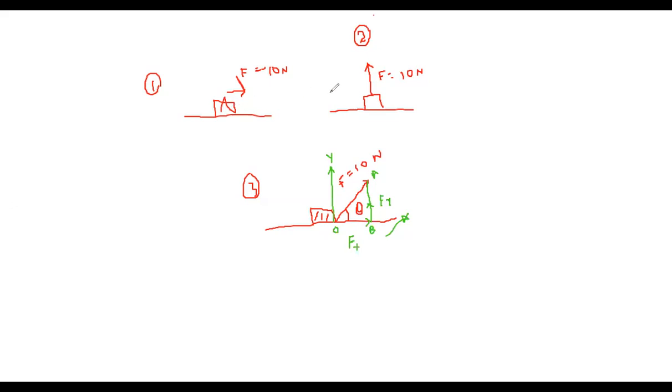In figure 2, the 10 Newton is used to lift the body upward vertically. So in these two figures we are not breaking the vectors into components, but in figure 3, the 10 Newton force is making angle theta. As I told you, maybe it is 30, 40, 50, 60, whatever, but it will be between 0 and 90 degrees.